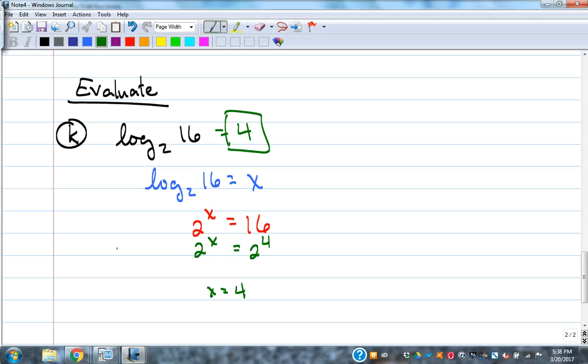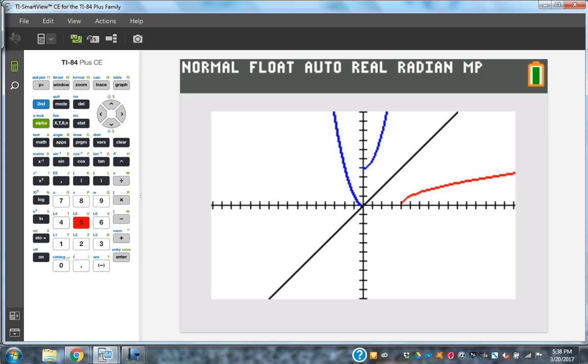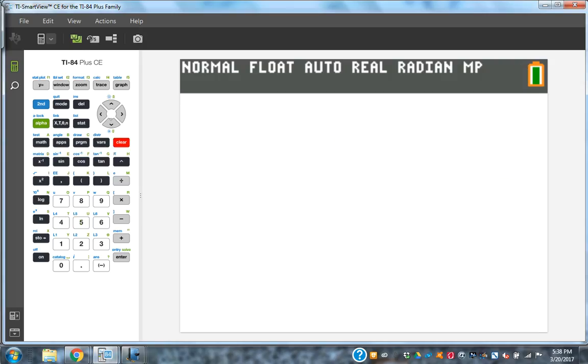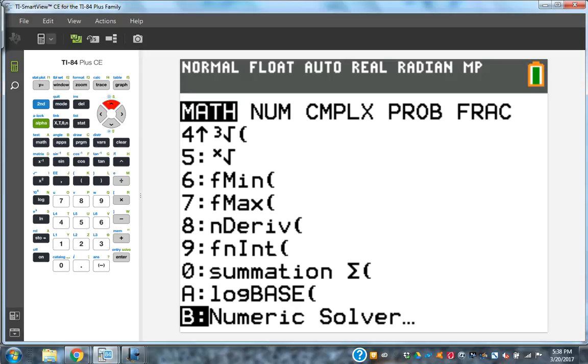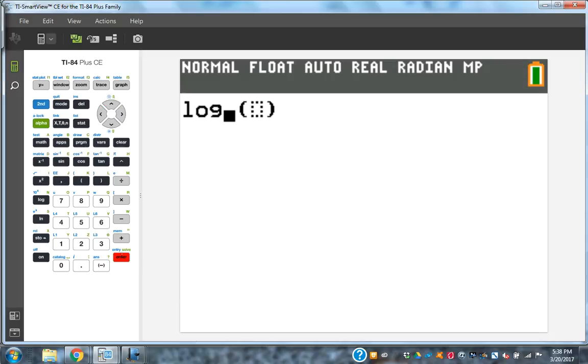With your graphing calculator, you have a great piece of technology in your hands that can do some of this for you. From the regular calculator screen, hit the math button and then press the up arrow, and you should find log base right there. Hit enter, and it puts a blank there for the base of the log.